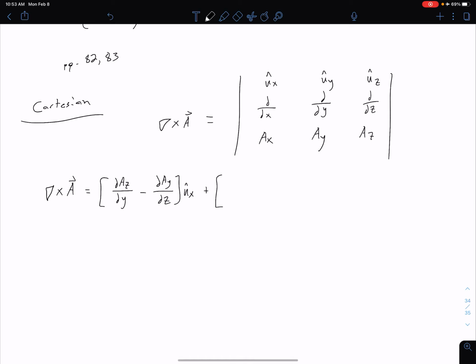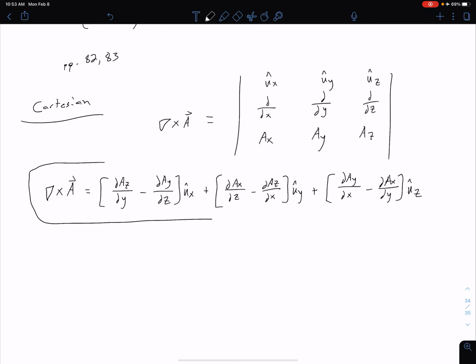Plus the partial of our x component with respect to z, minus the partial of our z component with respect to x, in our y direction. And then finally for our third term, we have the partial of A sub y with respect to x, minus the partial of our x component with respect to y, and that's in our z direction.